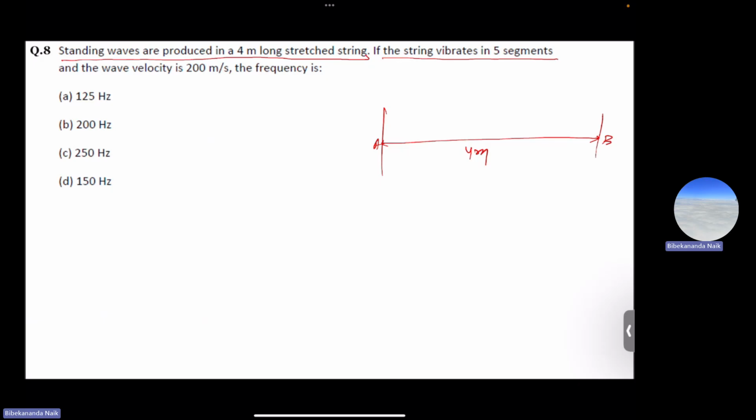It vibrates in 5 segments, so there are 5 segments in 4 meter. I'll give you a few minutes to solve this question, and then we will discuss the correct answer.